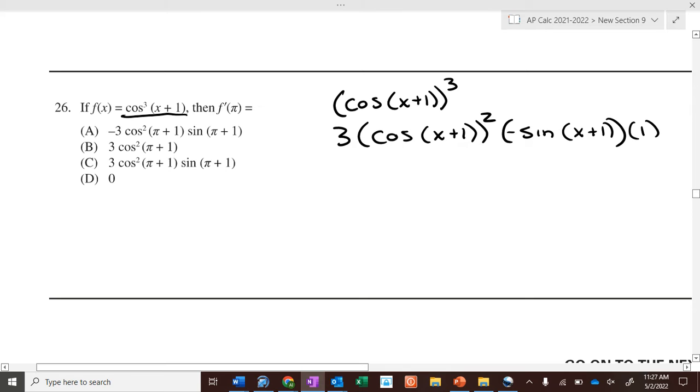So what is it? It's 3 cosine squared of x plus 1, negative sine of x plus 1. If it's pi, throw a pi in there, but it's negative 3 cosine squared of pi plus 1 sine of pi plus 1 because of that negative.